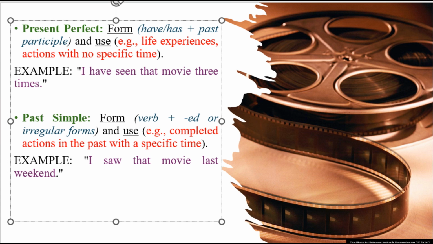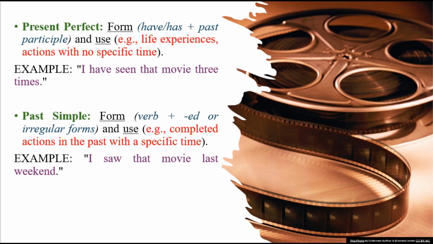And let's go on to the past simple. Past simple also has its own form and use. The form is verb plus ed, the past tense, or the irregular form of some specific verbs. The use of past simple is in completed actions in the past with a specific time.